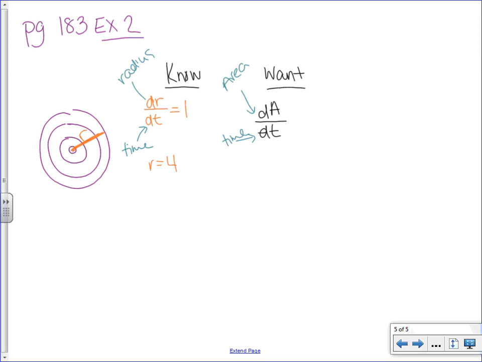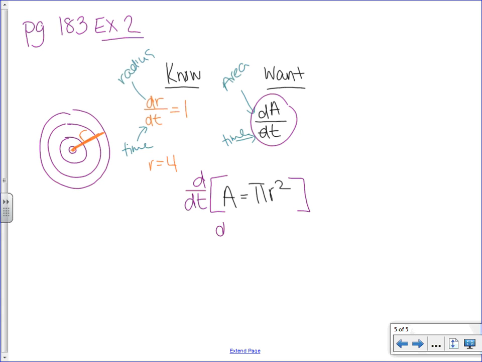Now this becomes nice because we already know how to do the area of a circle. Remember that the area of a circle is equal to pi r squared. Well, I want dA dt, so that means I need to take the derivative of both sides.